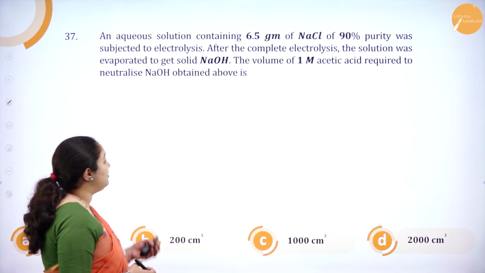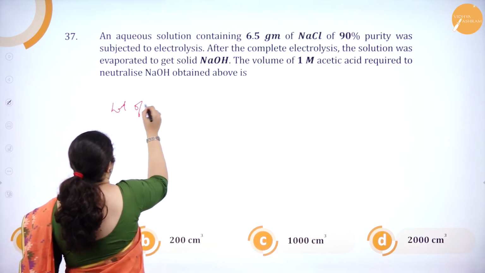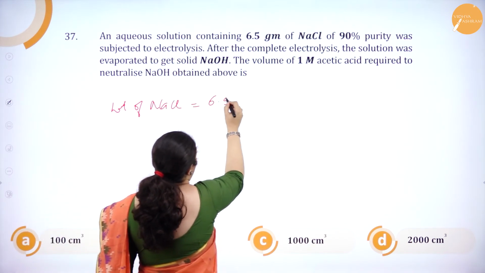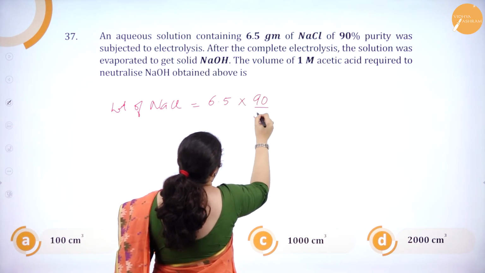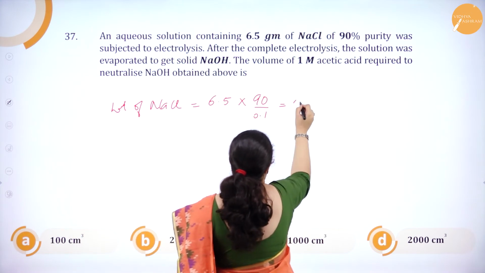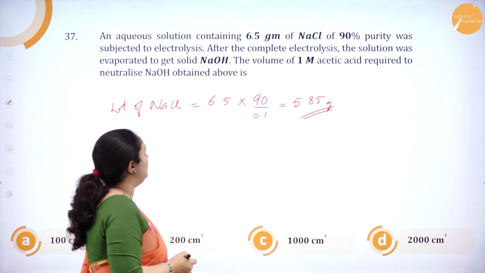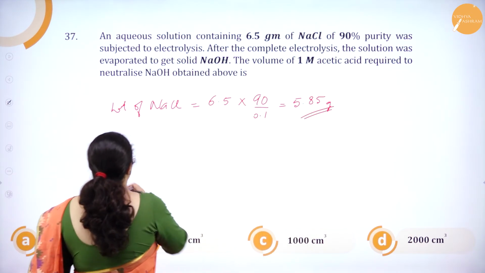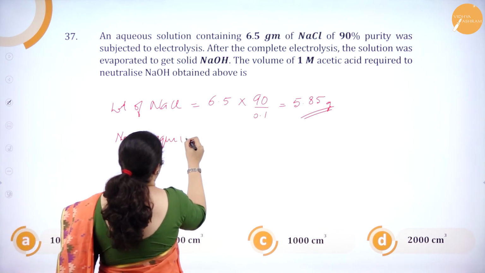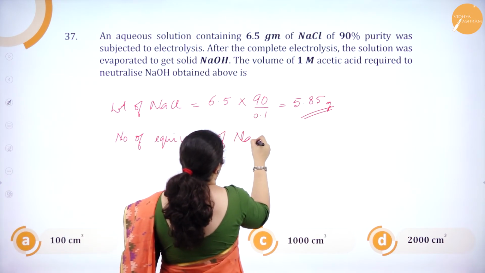So first I'll find out the weight of pure NaCl. The weight of pure NaCl is equal to 6.5 into 90 by 100. Because it's 90% purity, you will get 5.85 grams. Next we are going to find out the number of equivalents of NaCl.